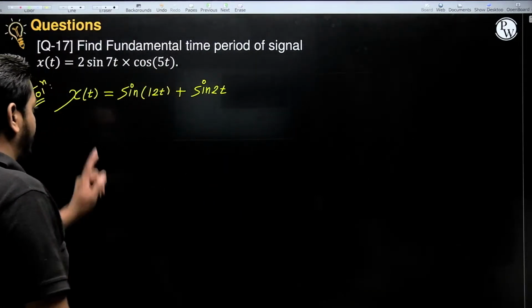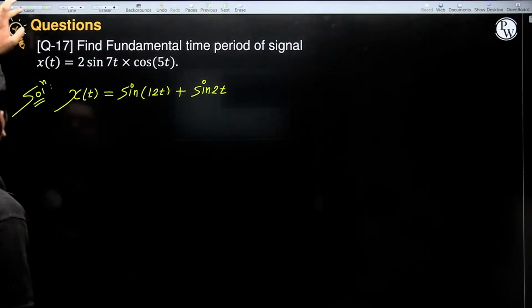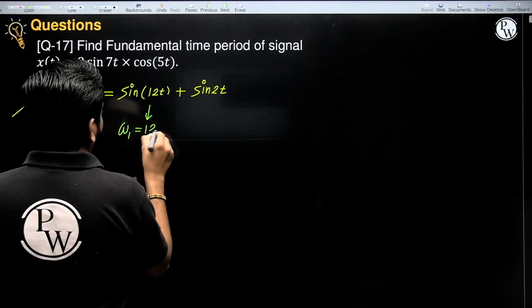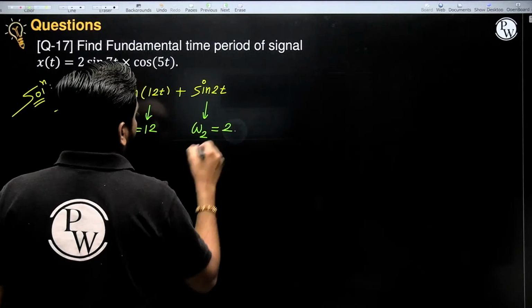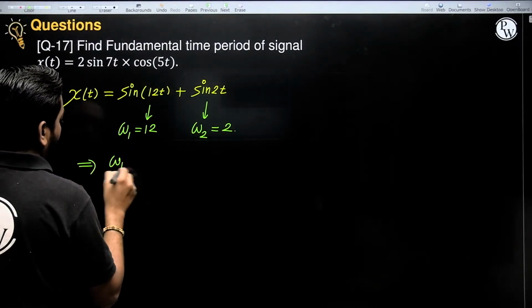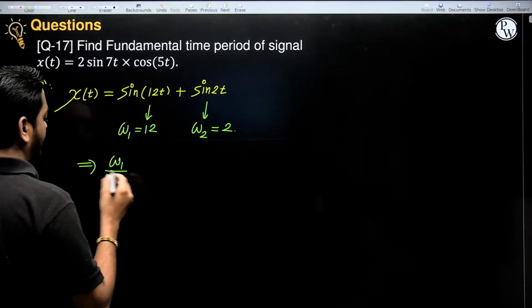Now I told you guys individual sinusoidal functions are always periodic, but the combination may or may not be periodic. We have to check. This is omega 1 equal to 12, and here omega 2 equal to 2. Fine. So take the ratio omega 1 by omega 2. You can take T1 by T2, T2 by T1, or omega 1 by omega 2, omega 2 by omega 1 also.